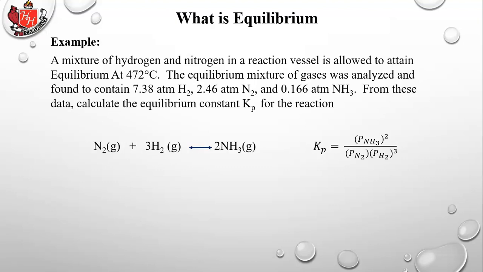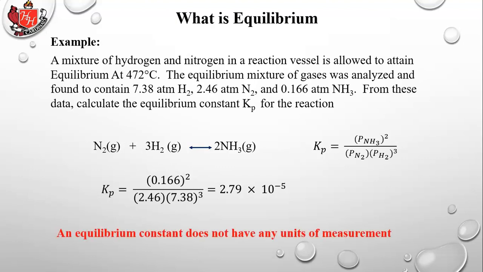The reactants go on the bottom. They're multiplied, and for H2, it has a coefficient of 3, so it's to the third power. So now you can simply plug in those concentrations, and that will come up with Kp, which is 2.79 times 10 to the negative fifth. Again, no units of measure on an equilibrium constant.